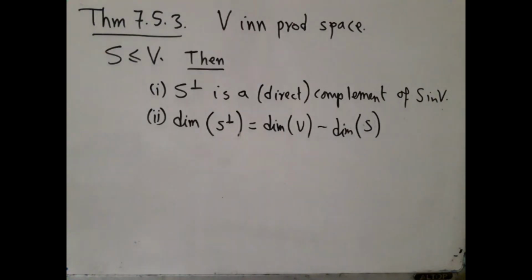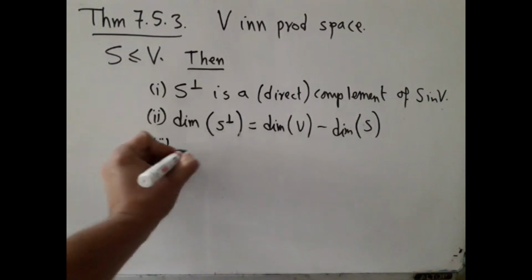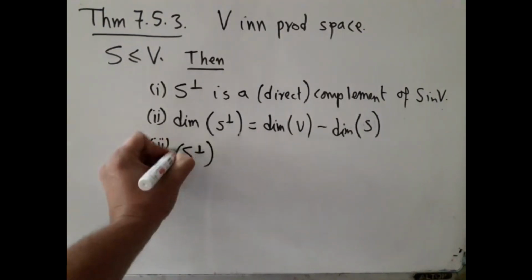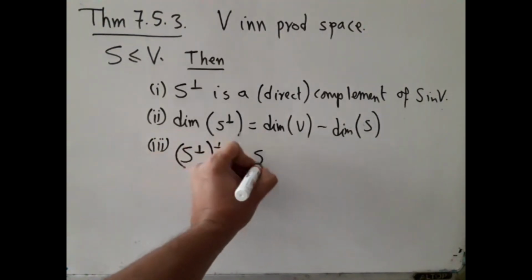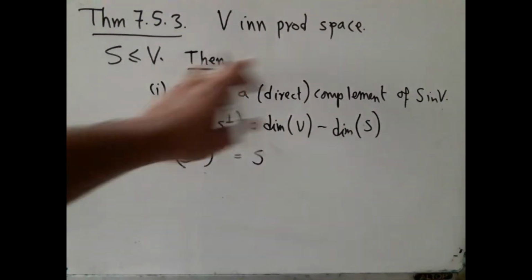However, there is one beauty about orthogonal complement which was not present for direct complement. Direct complement was not unique, but orthogonal complement is unique. And it is this thing which gives us this powerful result, something that I have already mentioned: S perp of perp is again S itself. Of course, to prove this, you do not need all this machinery.